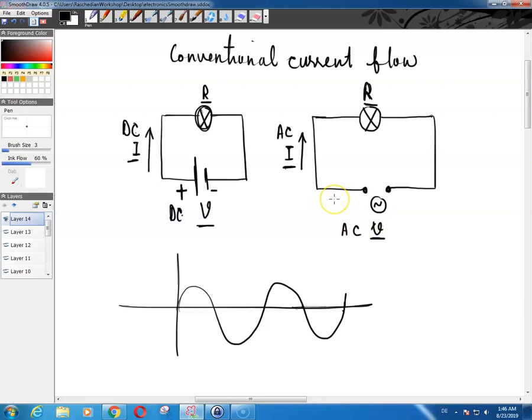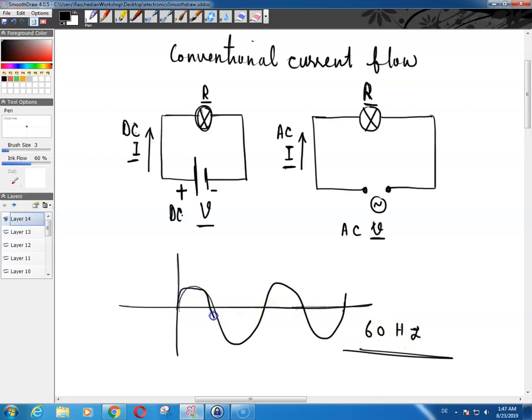So it just keeps changing. For example, if the frequency is 60 Hertz, we will get to all of these, of course. If the frequency over here is 60 Hertz, that means that in 1 second you have 60 complete cycles.